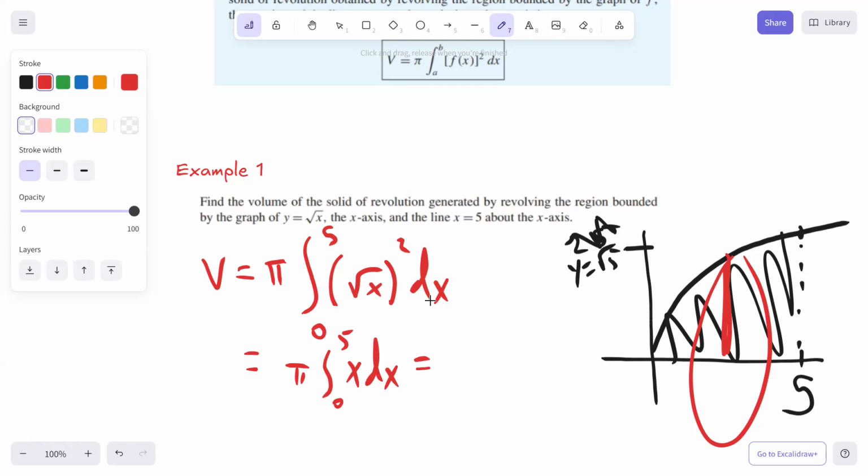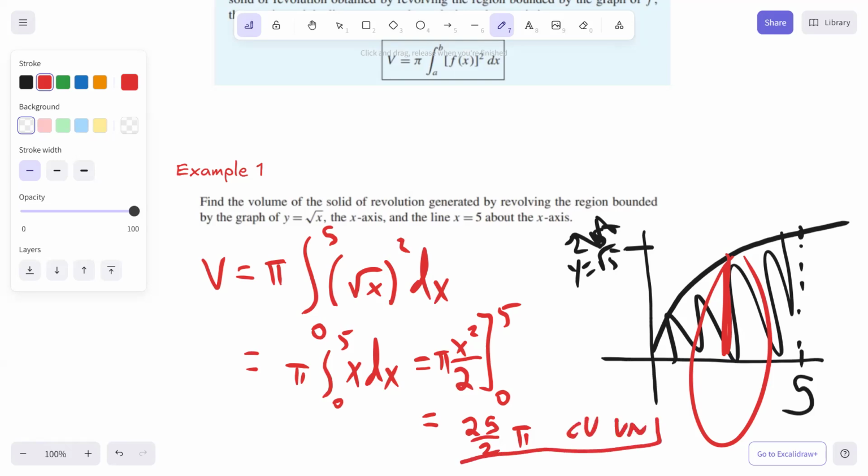Then we take the antiderivative, which is x squared over 2 times the pi, evaluated at 0 and 5, and subtract. If you plug 5 in, you would have 25 over 2 pi minus 0, which is the answer. So this is 25 pi over 2 cubic units. That's our answer right there.